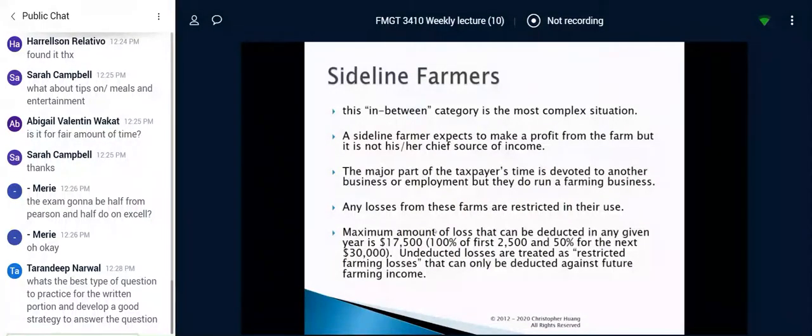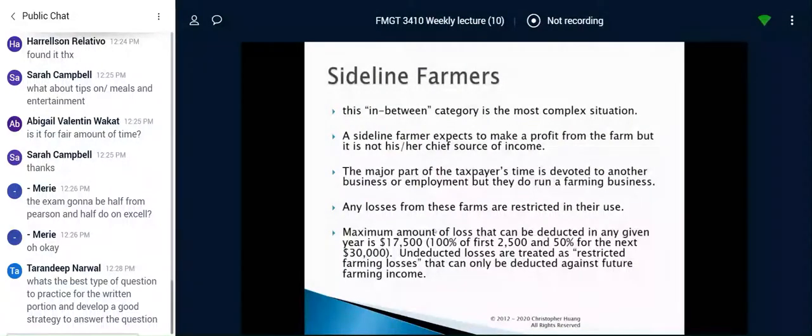So in total, in any given year, the maximum you can deduct is $17,500. Again, the first 2,500 you can deduct in full, the next 30,000 only half. So any additional loss above 32,500, you cannot deduct in the year.